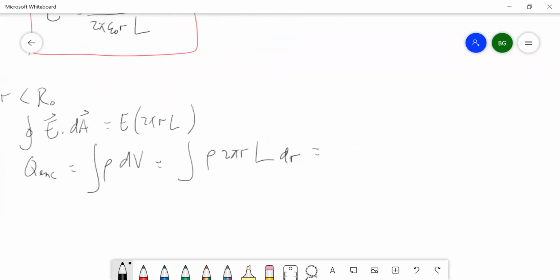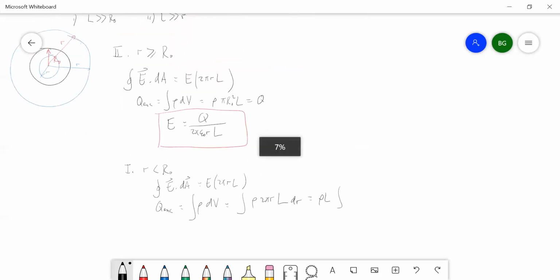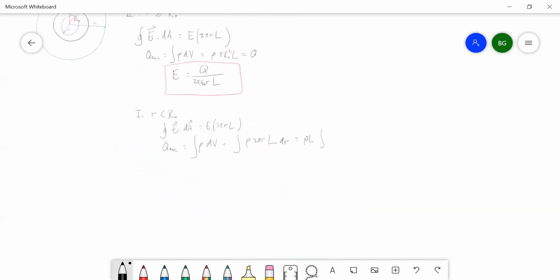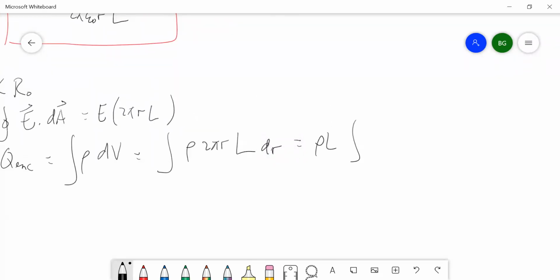So this is basically rho times 2 pi L times the integral of r dr, because rho is constant, so I put it outside.